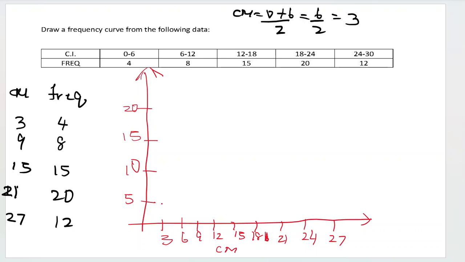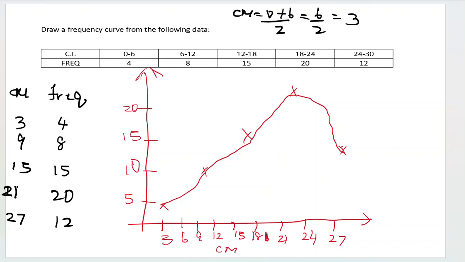On 3 the value is 4, on 9 the value is 8, on 15 the value is 15, on 21 the value is 20, on 27 the value is 12. Now, unlike in the case of a frequency polygon where we joined using straight lines, here we join the points using a nice curve-like structure.